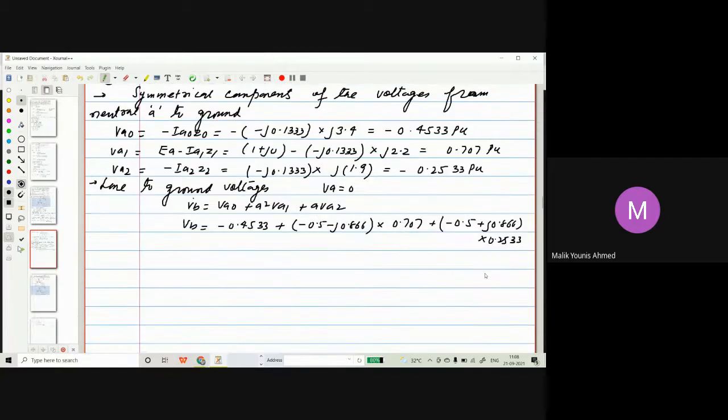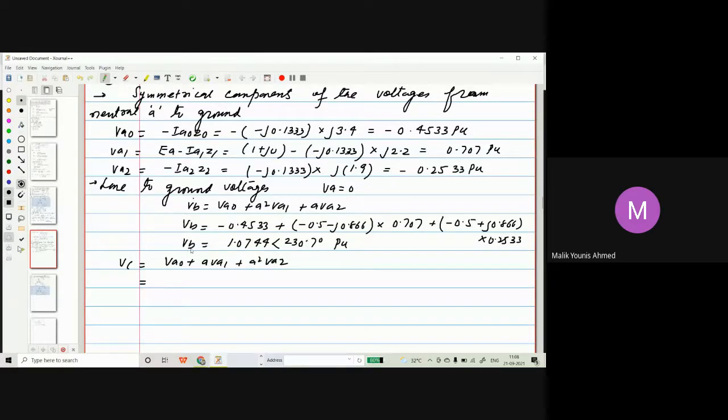So VB you will be getting as 1.0744 at an angle of 230.7 degrees. That is still in per unit. Similarly, the VC value is VA0 plus A VA1 plus A squared VA2.